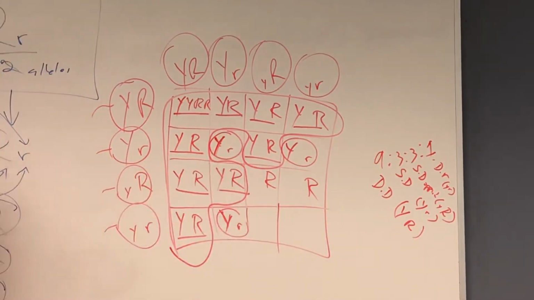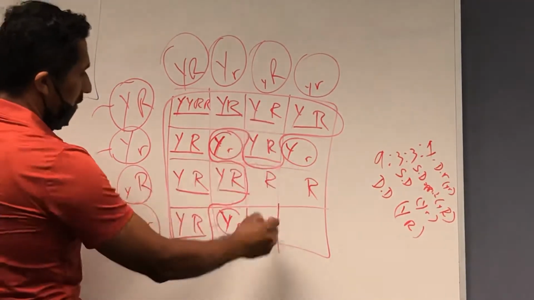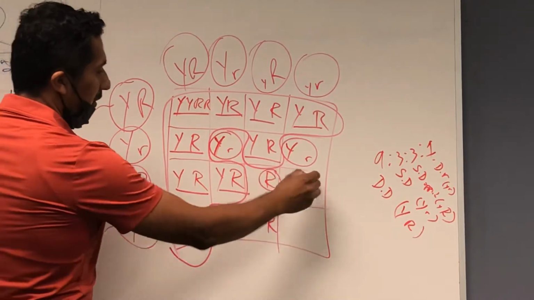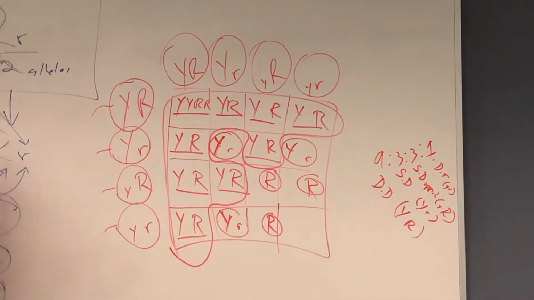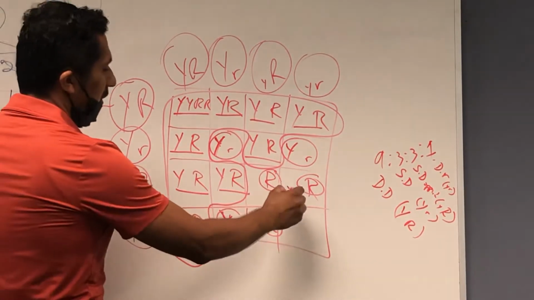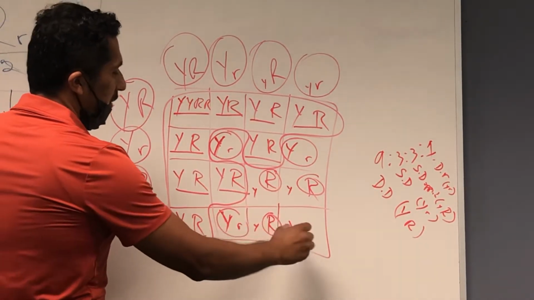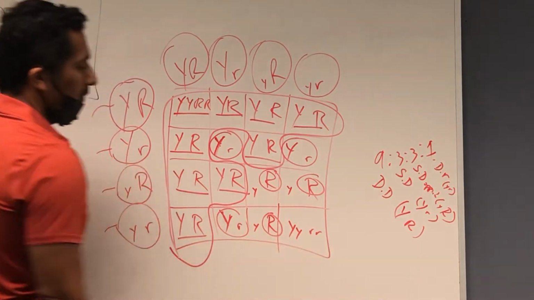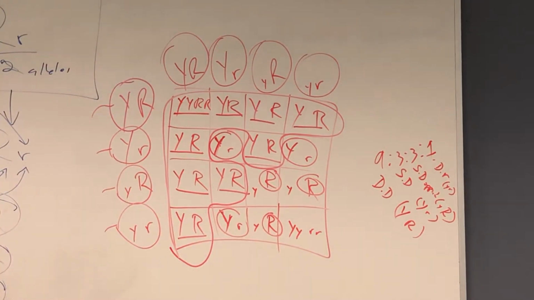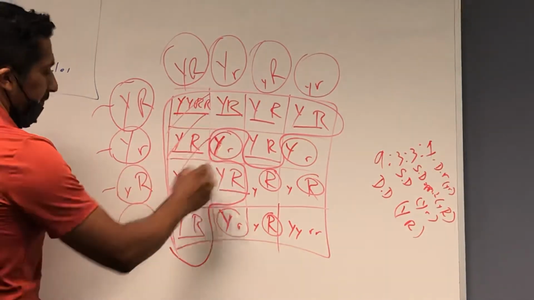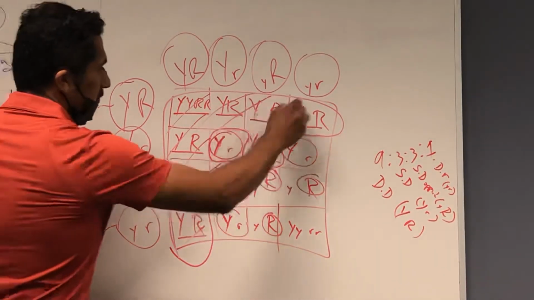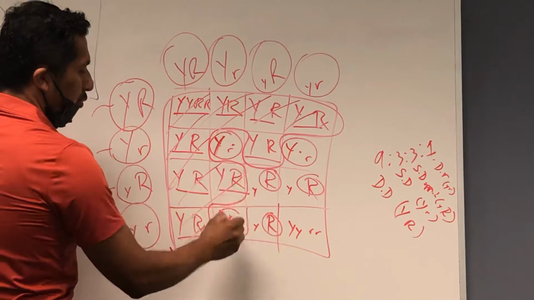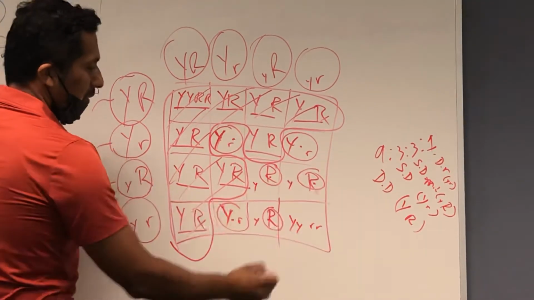Only the Y. And this one right here, big R, big R, big R. The opposite single dominant, okay? This one going to be like little y, and this one, single recessive, okay? So, 9, 3, 3, 1.